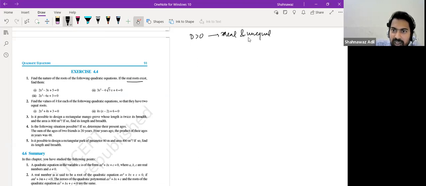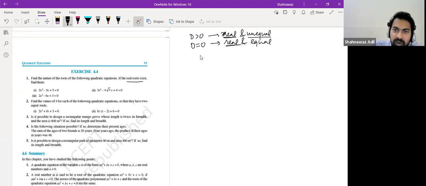What did you say, Rizwan sir? And D equal to 0. You said unequal, right? No, I said equal. So D equal to 0 is real and equal.